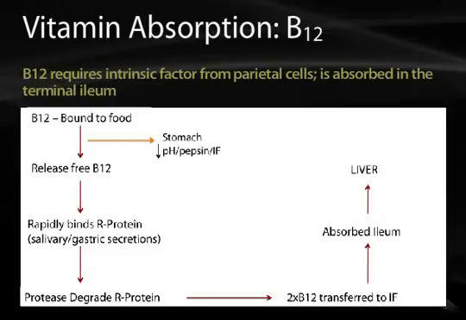This rapidly binds to R protein and is degraded, and free B12 is released when R protein is degraded. B12 then binds to intrinsic factor, and the two together are absorbed in the terminal ileum. This combination of intrinsic factor and B12 is subsequently taken to the liver for further processing.